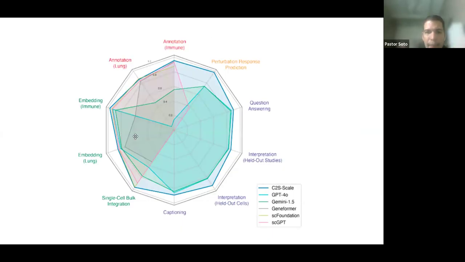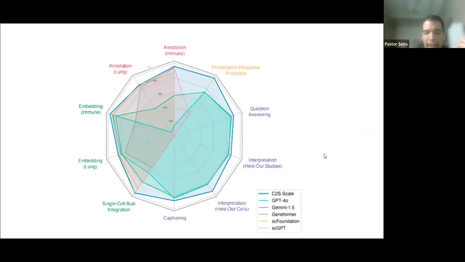As you can see, basically they beat every model that they test with this C2S-Scale, in different tasks: annotation of immune cells, perturbation response, question answering, interpretation of held out studies that we will see later in more detail, captioning, embedding with lung cells, and embedding with immune cells. So they essentially claim that they beat these models in every one of these tasks.